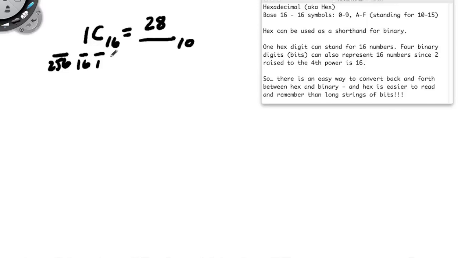But the reason why we look at hexadecimal is because each of these symbols can stand for 16 things, and it just so happens that 4 bits of information in binary can stand for 16 things as well. We can see this by just putting the place values here and adding these up.